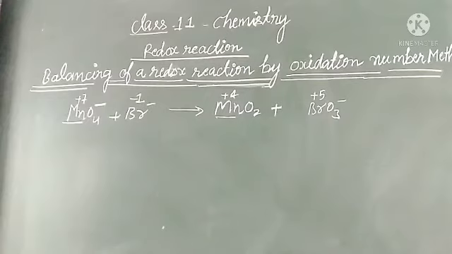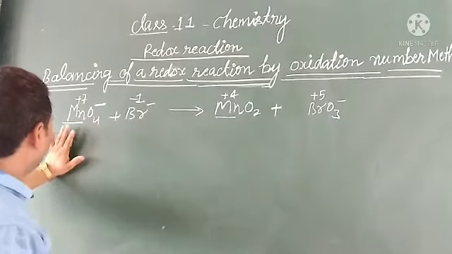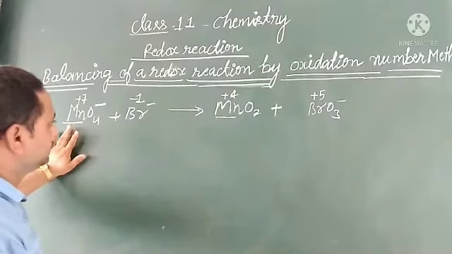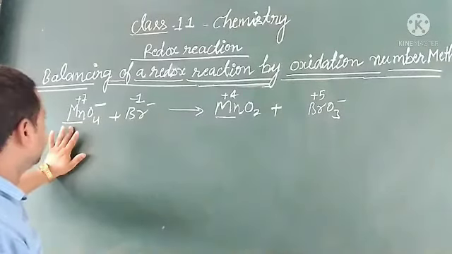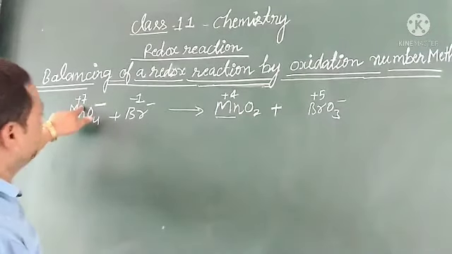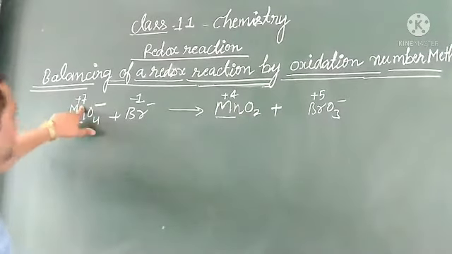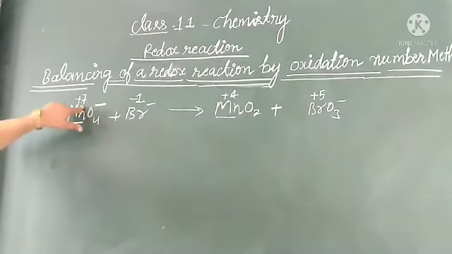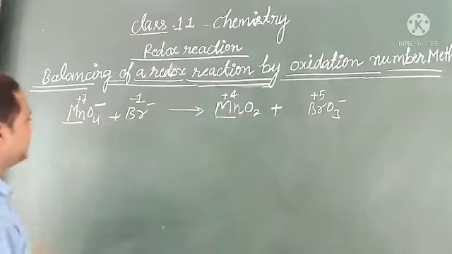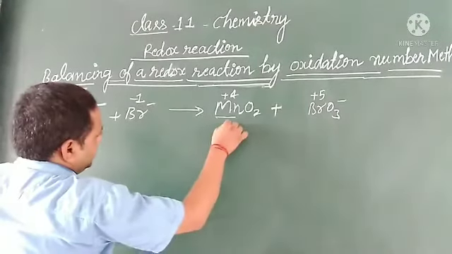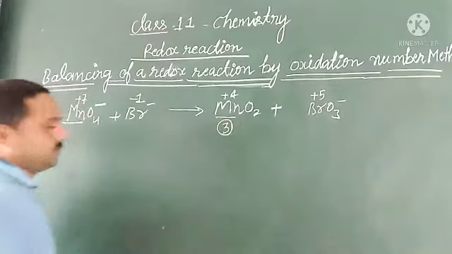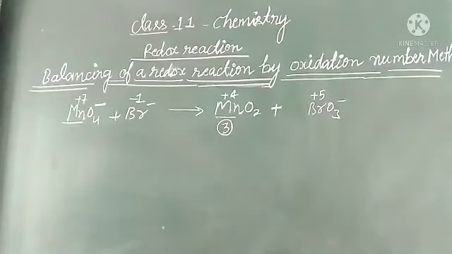Next we will see how much the oxidation state is changing. From plus 7 to plus 4, the change is 3, so 3 is decreasing.